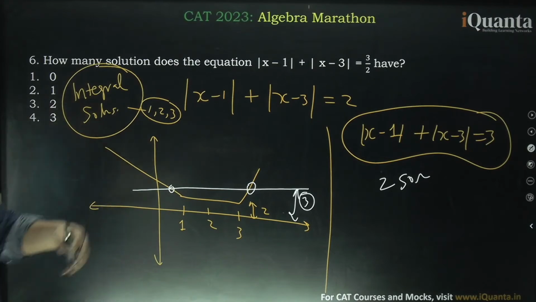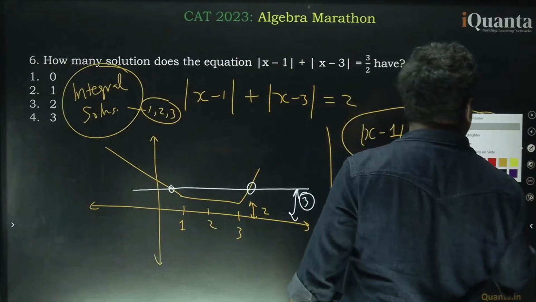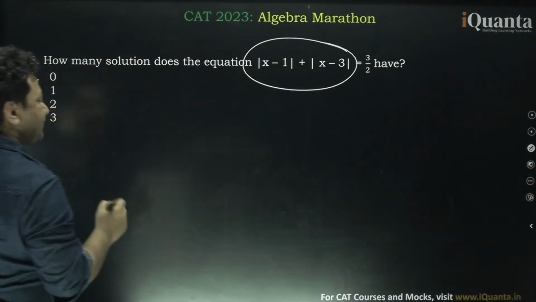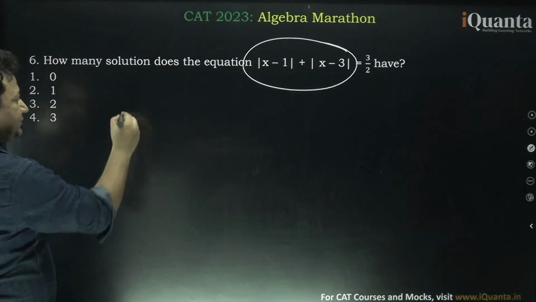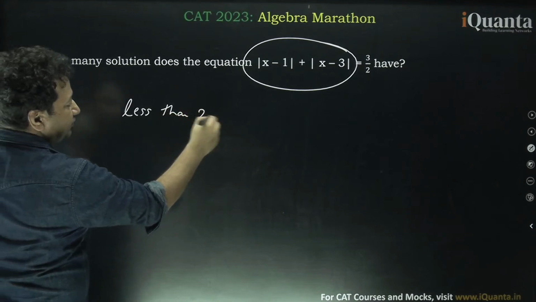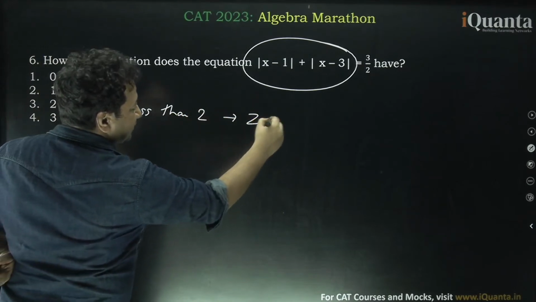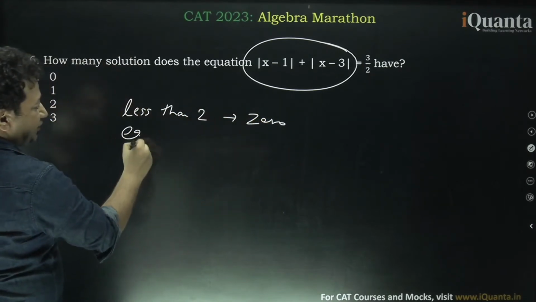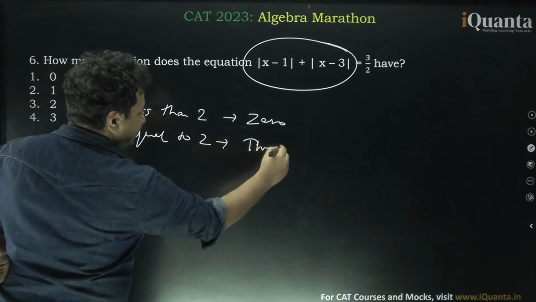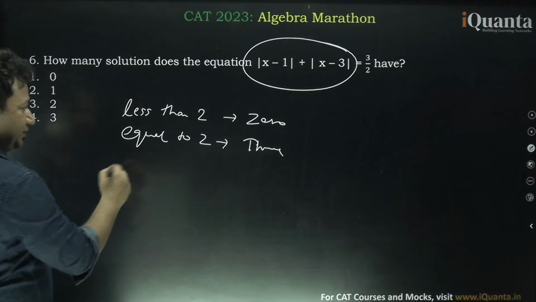So overall, if I combine all of it, I can say that for this function, if it is talking about less than 2, there will be 0 solutions. If it talks about equal to 2, there will be 3 solutions, right?